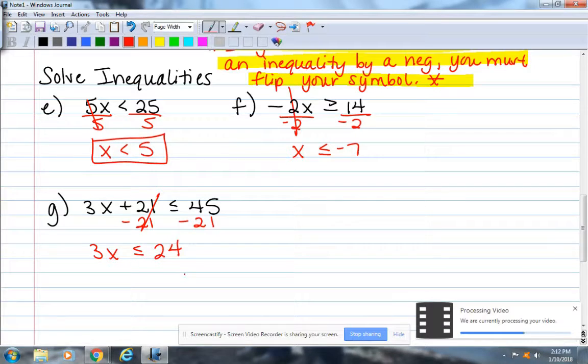And then we'll do what? And the answer is, the answer is not 8. It's x is less than or equal to 8. Okay, the symbols are as important as the answer. It's not just 8, it's anything that's less than or equal to 8.